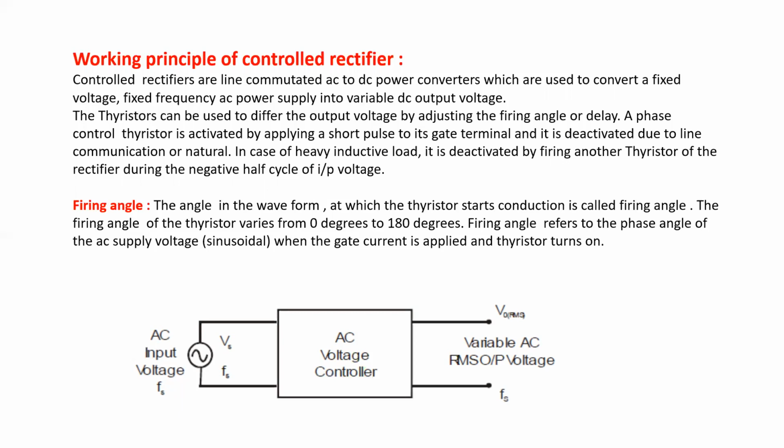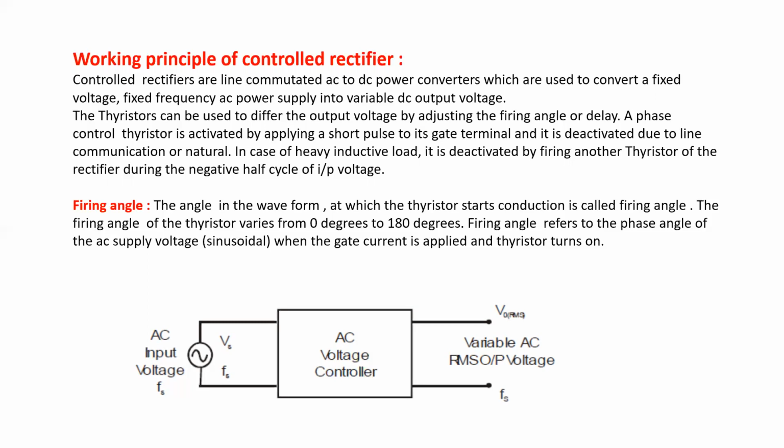Now let us understand the concept of the firing angle. The firing angle is the angle at which the thyristor starts its conduction. The range of the firing angle changes from 0 degrees to 180 degrees. After the firing angle, there is the concept of the conduction angle.